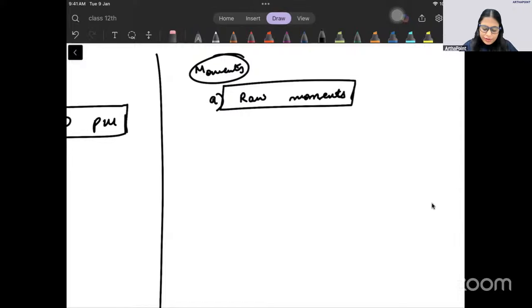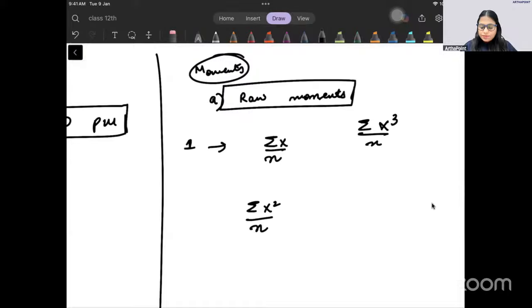For example, the first raw moment can be written as summation x by n, right? The second raw moment will be summation x square by n. The third raw moment will be summation x cube by n. Fourth raw moment will be summation x to the power 4 by n. These are the first four raw moments.